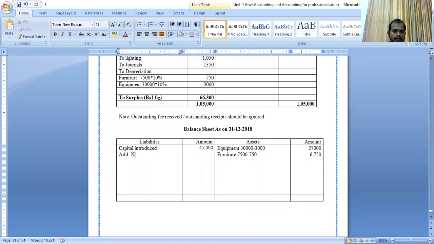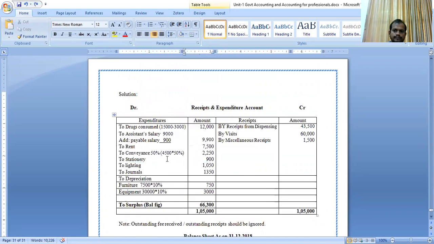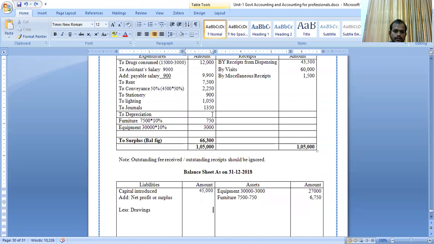Add net profit or surplus, less drawings 42,000.